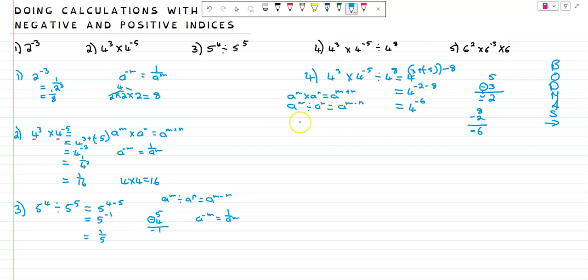We are not done there. We need to still incorporate the next rule, which says a to the power of negative m equals 1 over a to the power of m, which equals 1 over 4 to the power of 6. Not done yet. So what is 4 to the power of 6? We need to work this out.